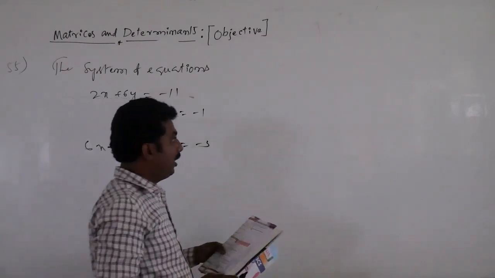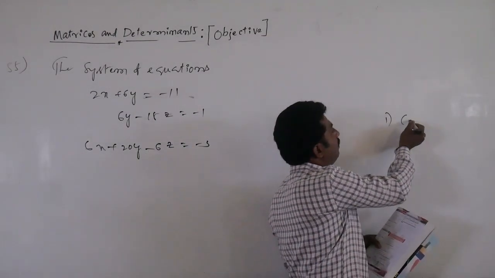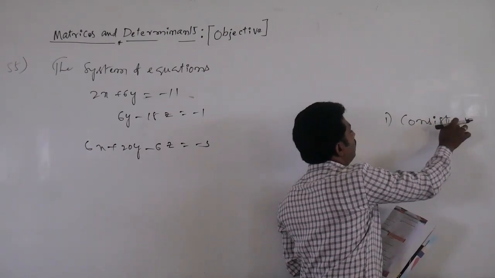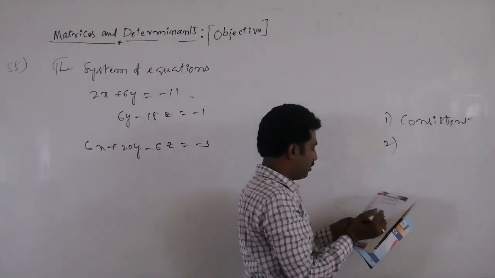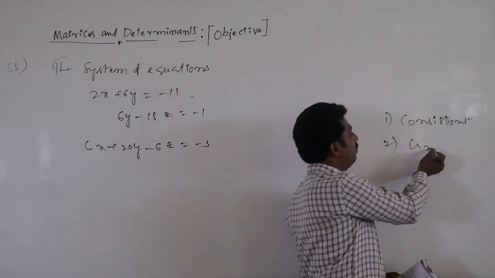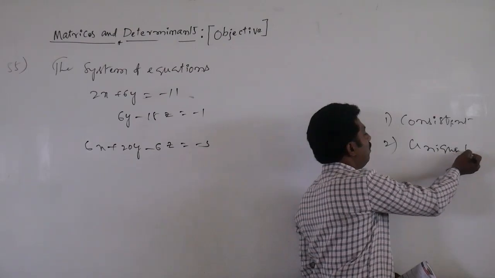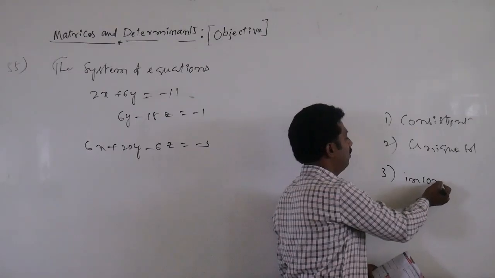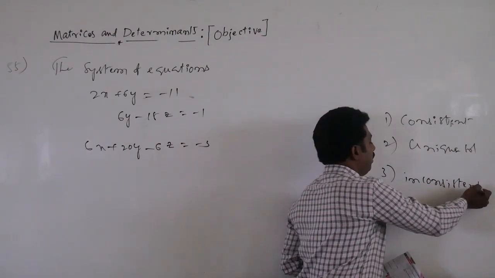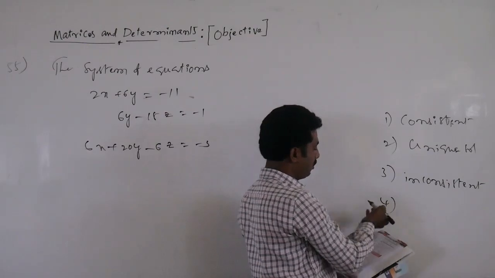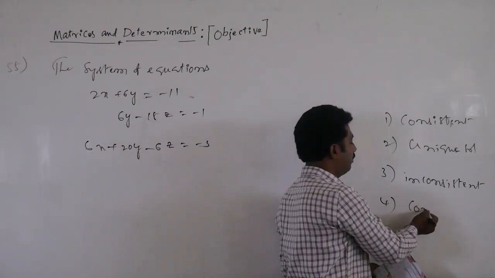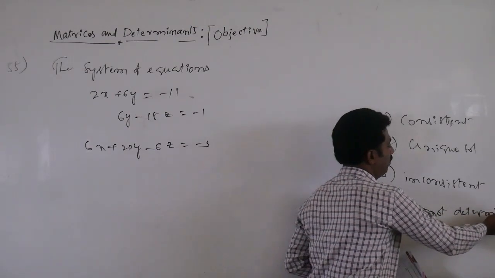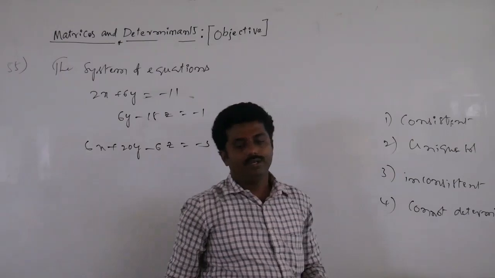So the options they are writing: first, this is consistent; second option, unique solution; third option, inconsistent; fourth option, cannot be determined.